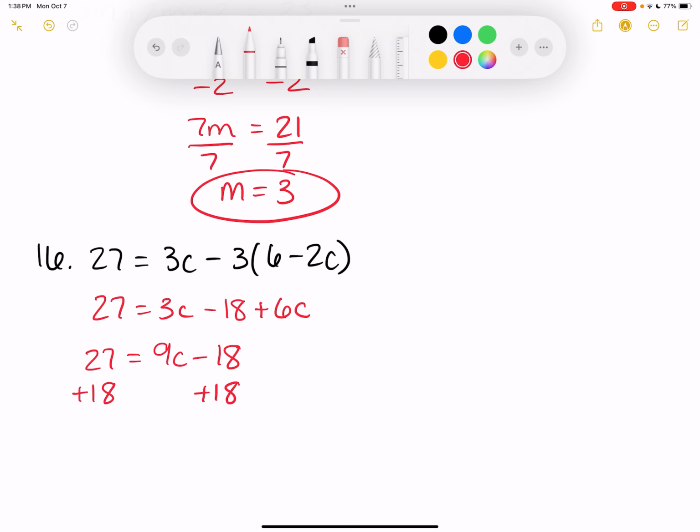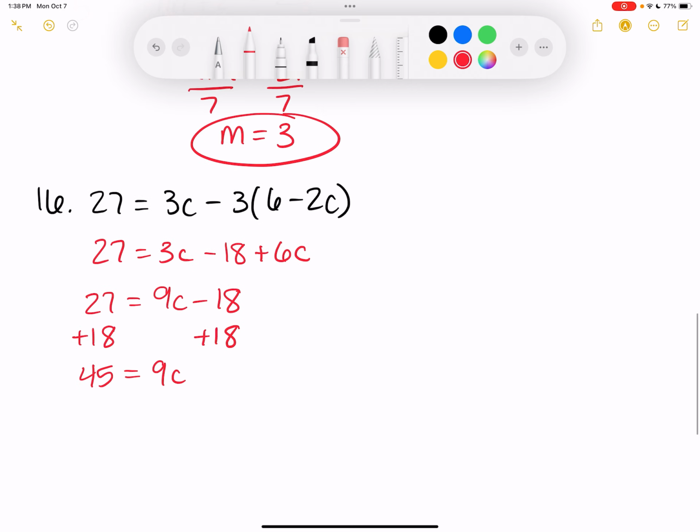So I get, what is that, 46? Nope, 43. No, 45, thank you. I was like, why am I struggling with this? 45 equals 9c. Now what? Divide by 9. So 5 equals c.